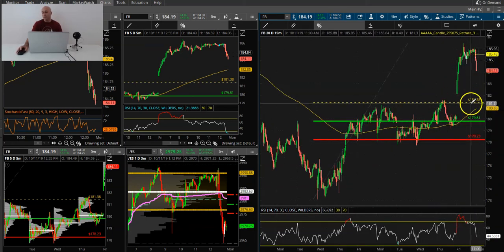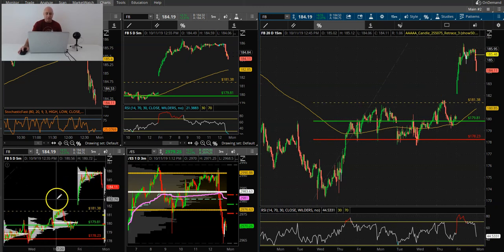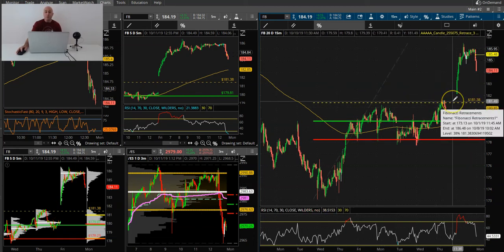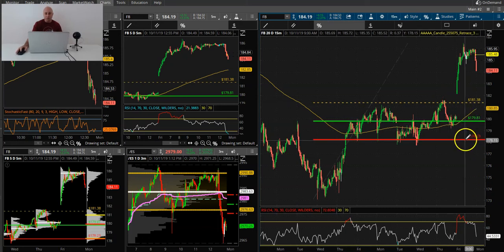And look at this, the 38 coincides again with, if we came down over here, the low volume node, which was the high of this move, or the high of the previous day. Now I have two things that are both lining up, which is called confluence.